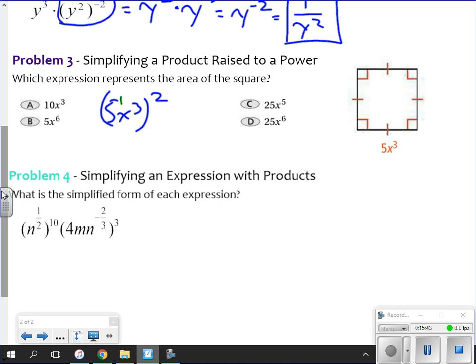I distribute the 2: 2 times 1 gives me 5 squared, and 3 times 2 gives me x to the 6th. And what is 5 squared? 25. So I have 25 x to the 6th. And some of you bright young things already told me it was answer D.